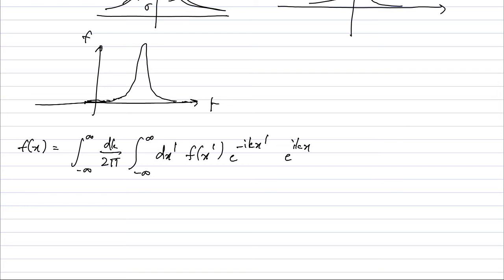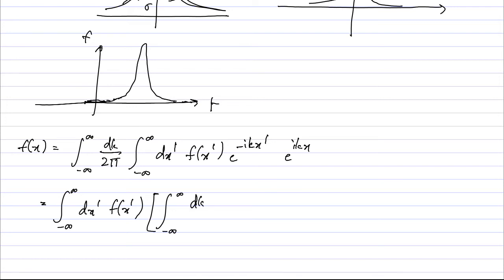I can switch the order of integration, so I have the integral over dx prime of f of x prime, because f is only a function of x prime, not of k, and then I can put the remaining integral like this: dk over 2 pi, e raised to the power i k (x minus x prime).